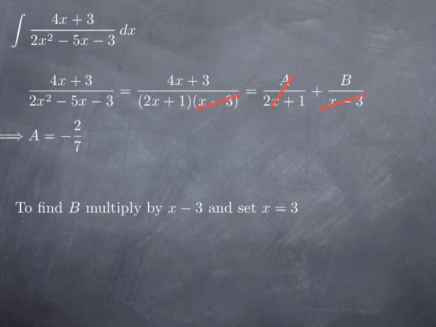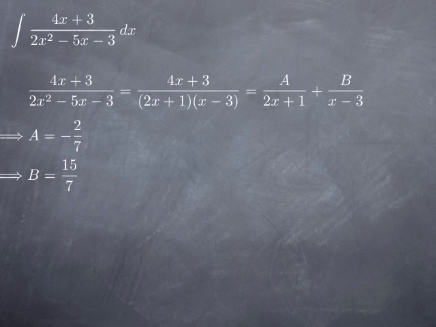So we have only b on the right-hand side, and on the left-hand side the value of what remains at x equals 3, which is 12 plus 3, 15, divided by 2 times 3 plus 1, 7. So b is 15/7, and that means that our integral is really negative 2/7 of the integral of dx over 2x plus 1 plus 15/7 of the integral of dx over x minus 3.